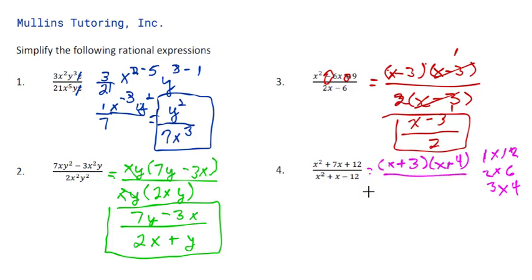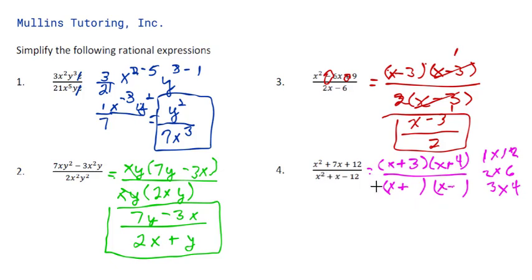And then we're going to do the same. So now we have negative 12 and positive x. This tells me that I have a positive times a negative that has to equal negative 12 with a positive 1. So once again, I'm going to have x times x. And this time I'm going to have a positive and a negative.